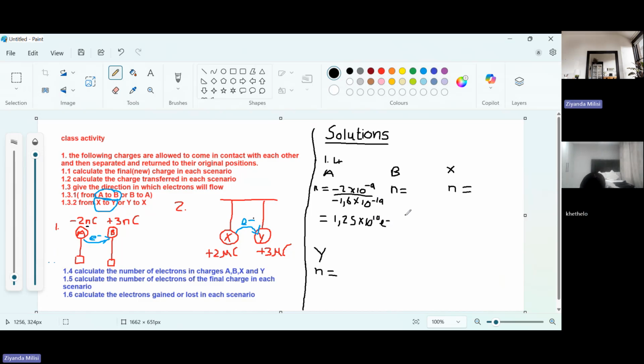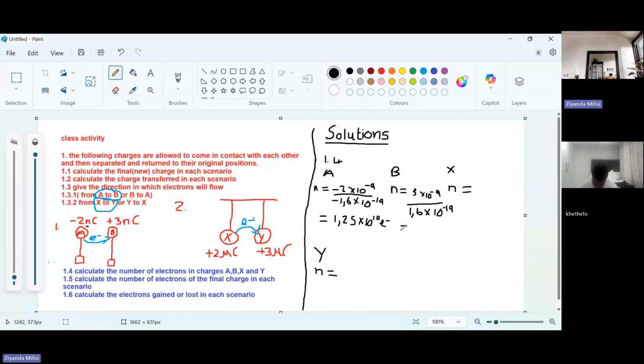Then for B, you do the same thing: 3 times 10 to the power -9 divided by 1.6, there's no negative because it's a proton, is it? Every time you calculate the number of electrons, you'll always get a positive answer, and it's big.